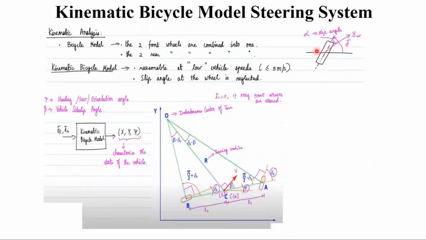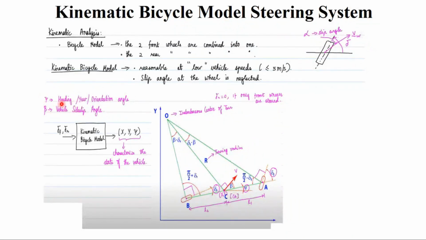We are considering only one wheel. In the previous cases, we considered the complete vehicle, front and rear, and we have seen everything. So here we are going to analyze in a different way, where we are going to consider the vehicle slip angle and the orientation angle, or the yaw or the heading.